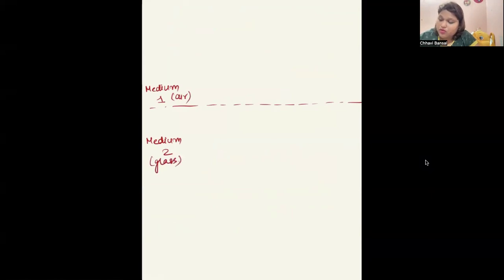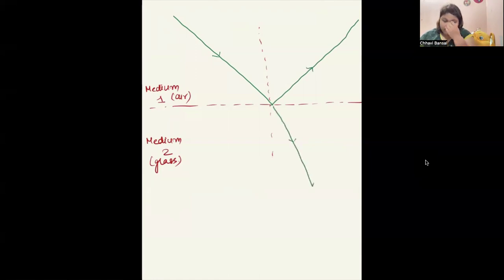Now, there is a ray of light coming like this. What will happen to this ray of light? There will be two things happening.